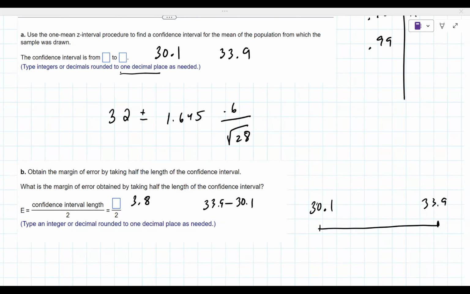Did you get 3.8? Yeah, I got 3.8. Okay, fantastic.